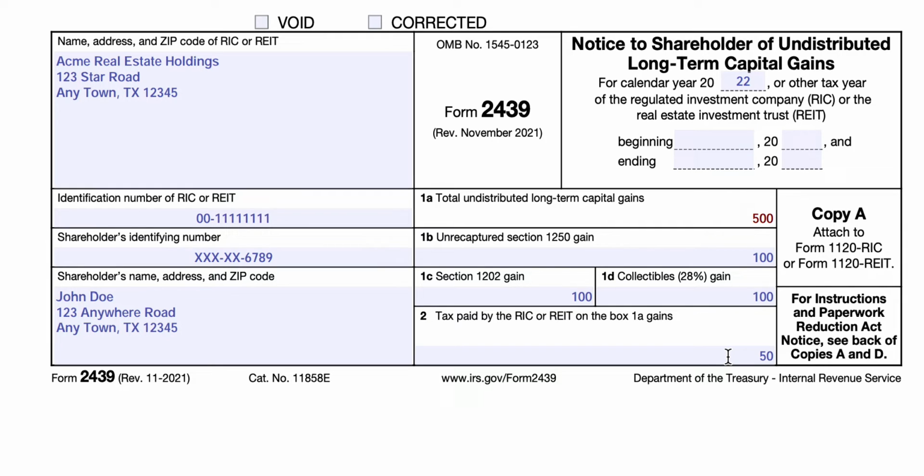For estates and trusts, this would go on Schedule G, line 16A of your Form 1041. For corporations that are not S corporations, they would report this either on Schedule J, line 20A of IRS Form 1120, or on line 5F if they're filing IRS Form 1120-F, which is for foreign-based corporations.